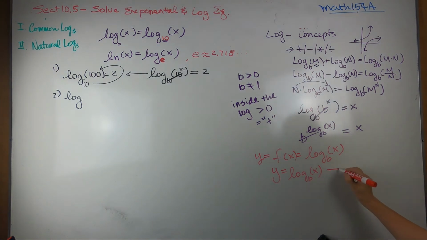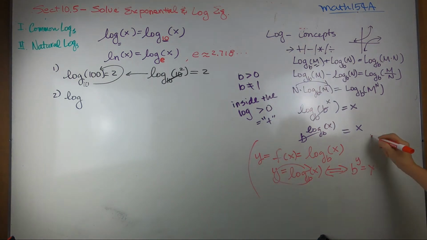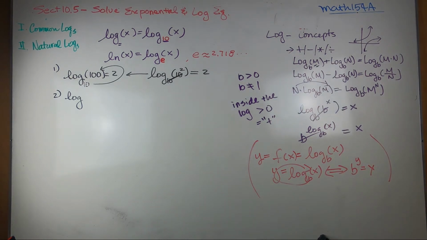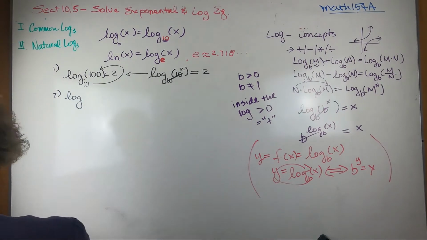But mainly we write, b is your base, you do the hook: b to the y power is x. So the main concept of a log is you translate back to the exponential style to figure out all your values. Mainly, you do the hook.